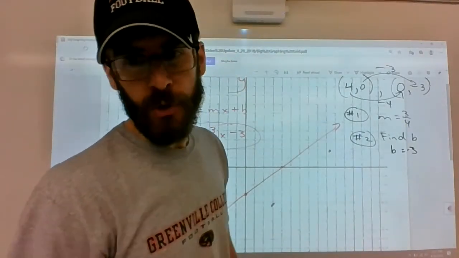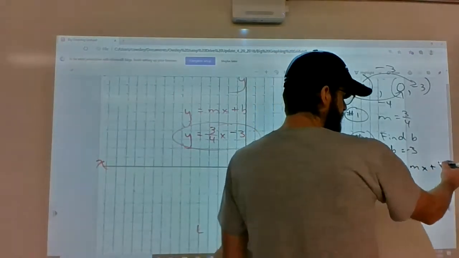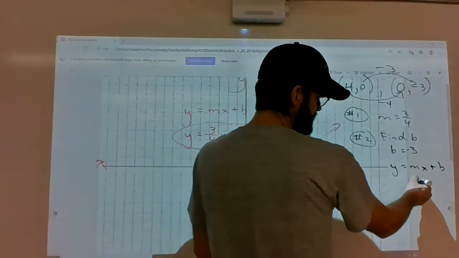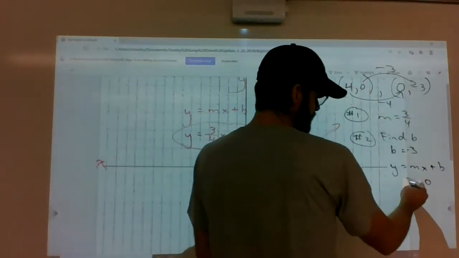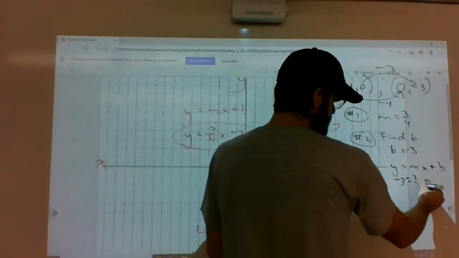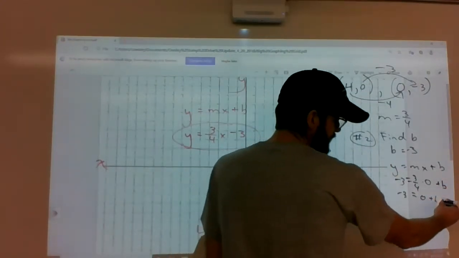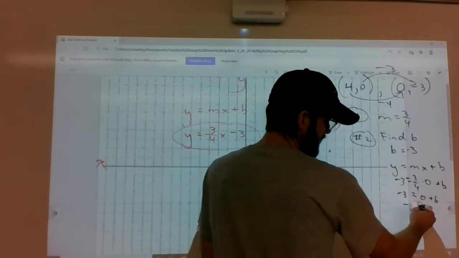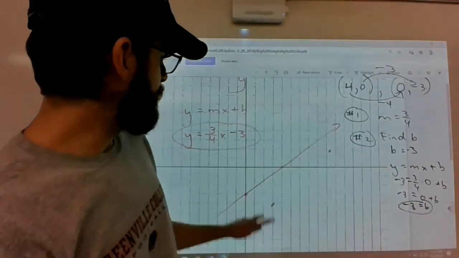But if you can't, you can say, I know that it has to go through this equation. Let's pick x is 0, y is then -3, our m is 3/4. It still should come to fruition that this is 0 plus b, and 0 plus anything is just that number. And then you'd rewrite it like this.